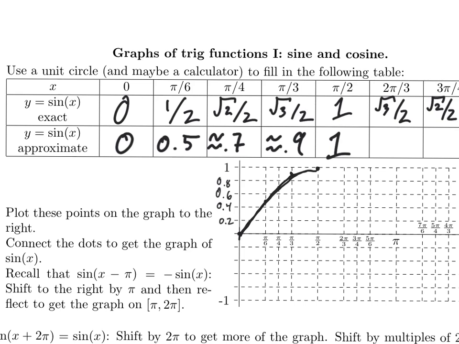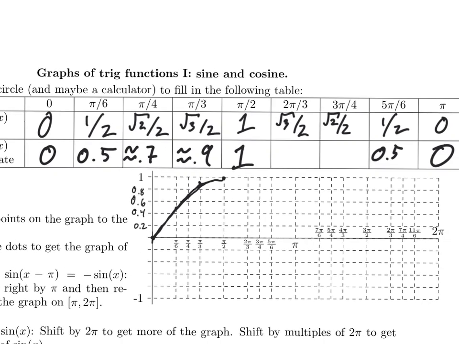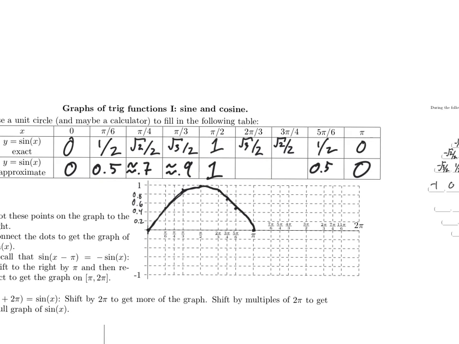So we get a graph that looks about like that. And then we go back down. Approximately 0.9, approximately 0.7, approximately 0.5, 0. And we do know what the remaining inputs are, but let's not bother with that.